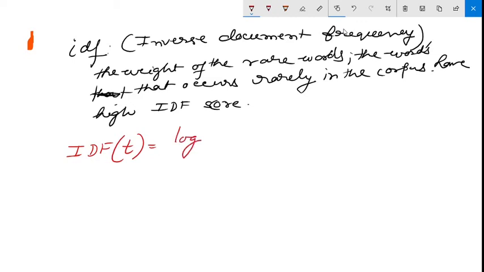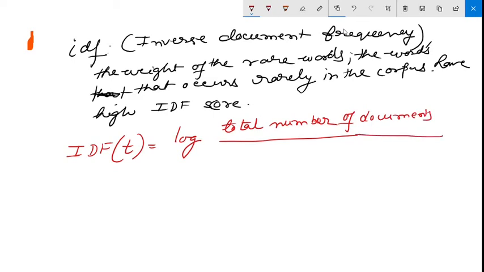First you have to put log of the total number of documents divided by the number of documents with term t in it. Okay, this is the definition of IDF.